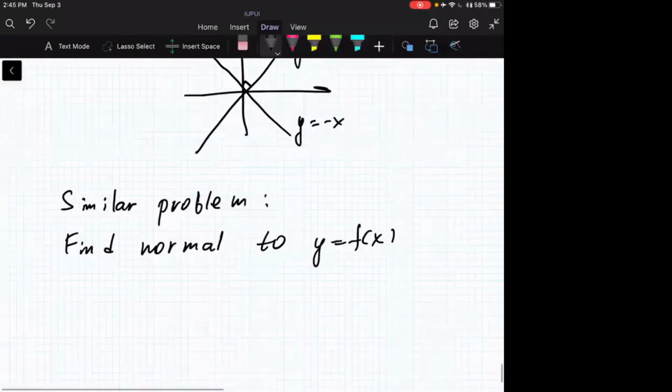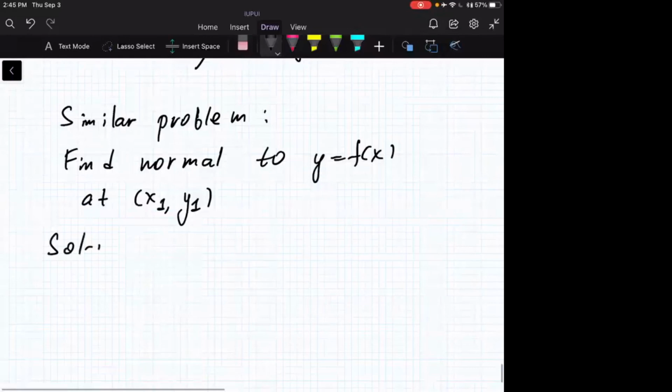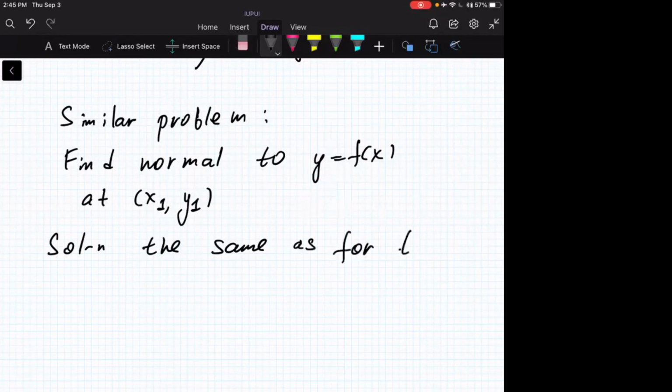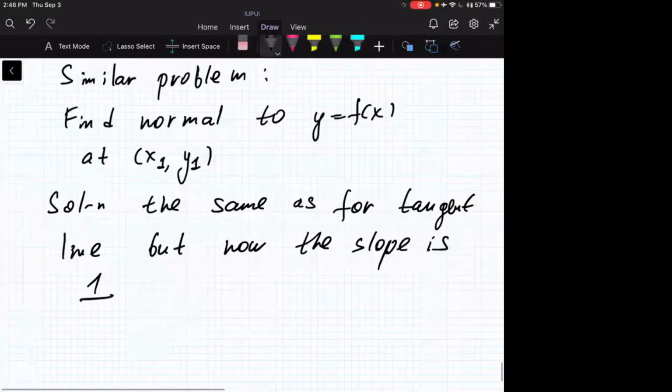So you have some function at point x1, y1, and the solution of this problem is the same as for the tangent line, but now the slope is 1 over the derivative at that point x. Okay, let's call it x naught.